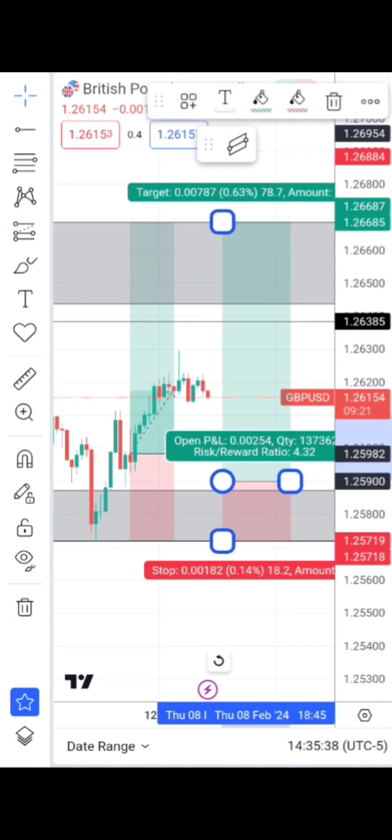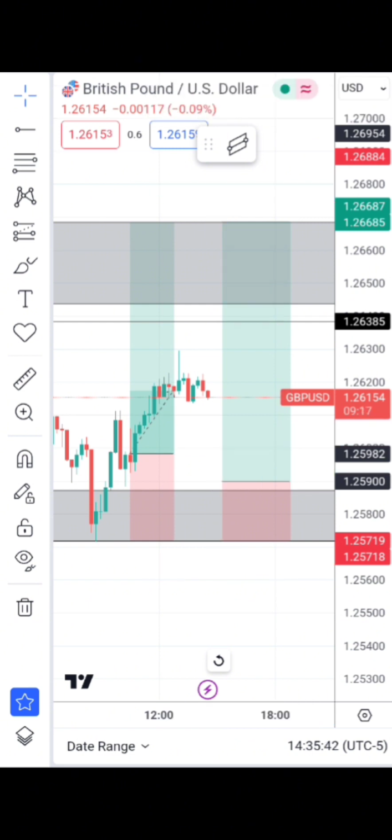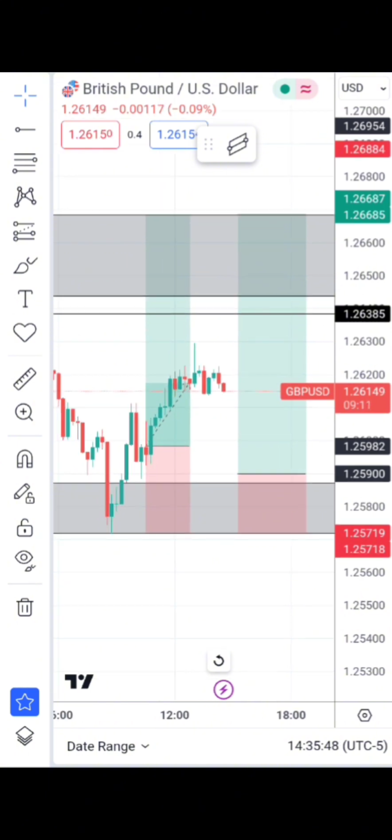It gives me a possible risk reward ratio of 4.32. So my risk in this case is almost half the normal risk because I'm counter trading. So I consider this trade against the existing trend. So I won't be taking much risk because the market is likely to reverse and head lower at any level here.